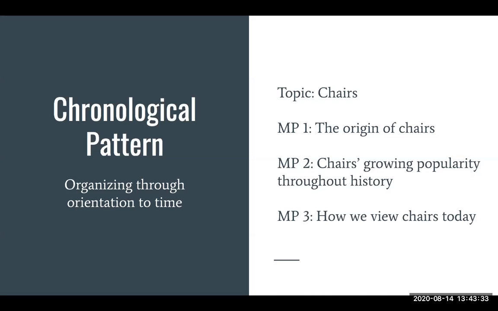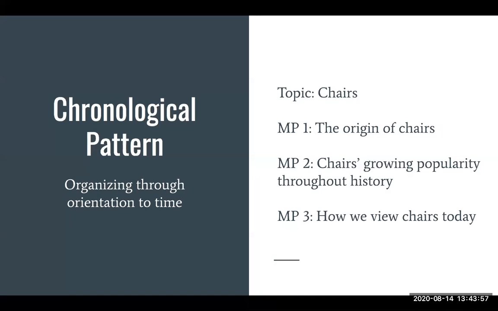Then at main point two, we want to talk about chairs' growing popularity throughout history. And then we end with main point three, how we view chairs today. So these main points are organized chronologically because you start from the beginning and you go all the way to current day views and practices and trends in chairs and this particular type of furniture.